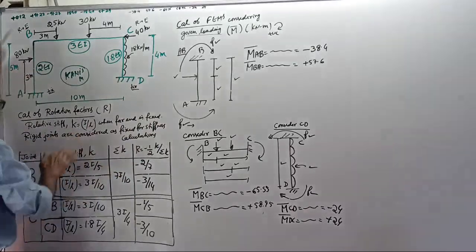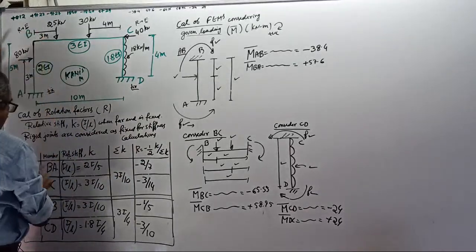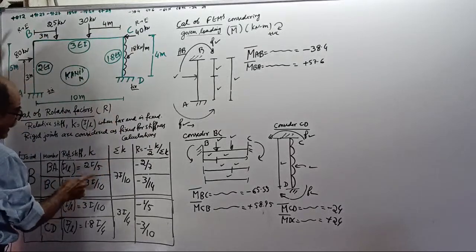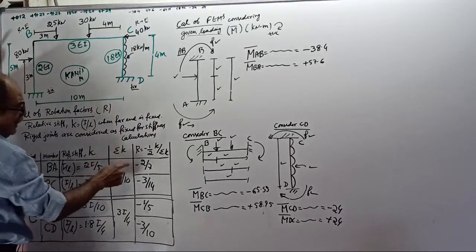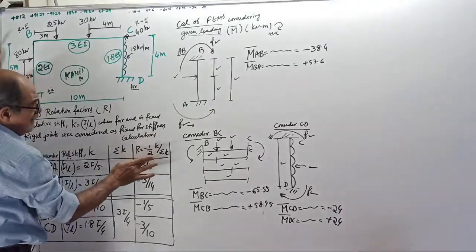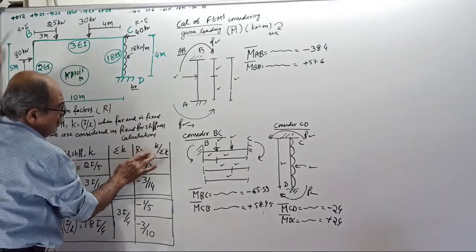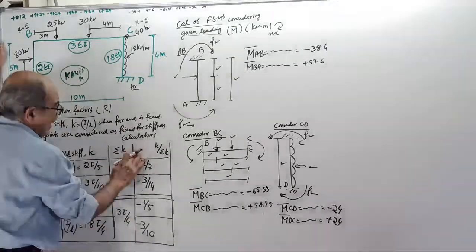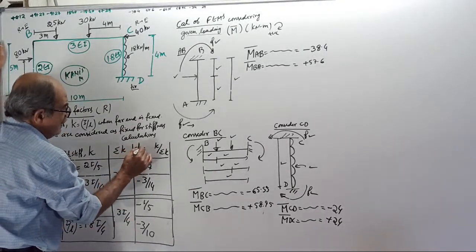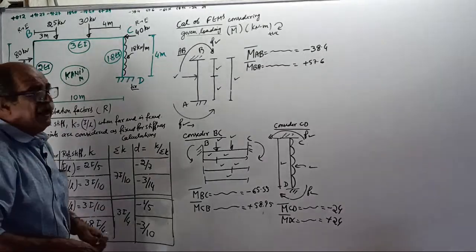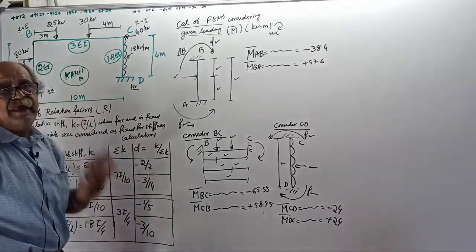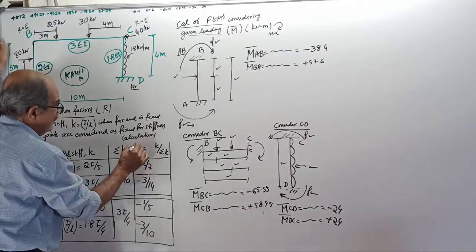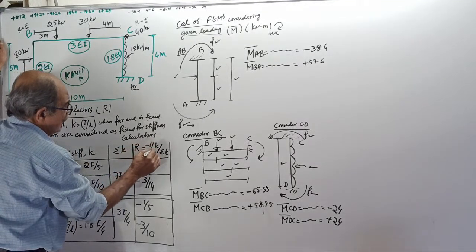So now joint B, BA, I by L, BC, I by L. Substitute for I by L, find total K, you get the value of R. Remember, last time we did moment distribution method. Same procedure. At that time, it was D, distribution factor. What is the formula? K divided by sigma K. But this time, it is not D, it is R. Only extra is minus half.